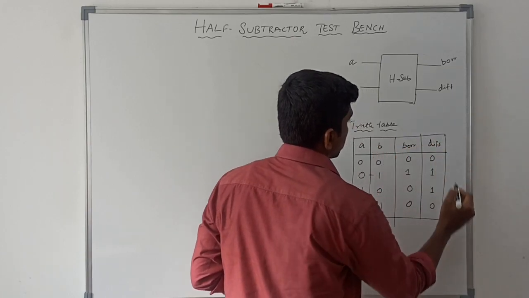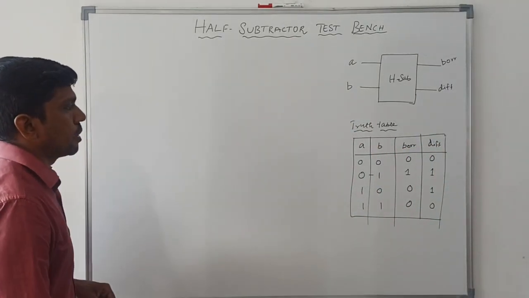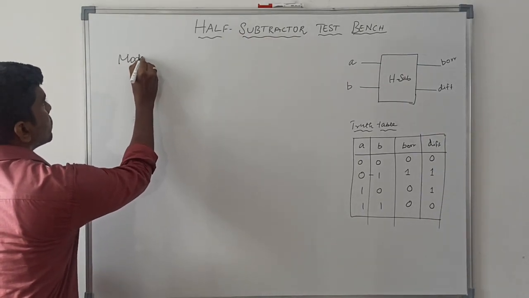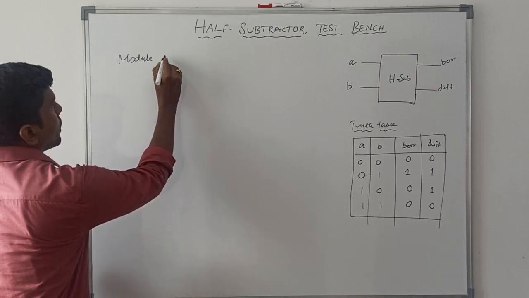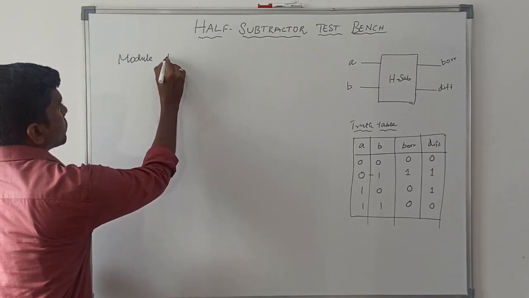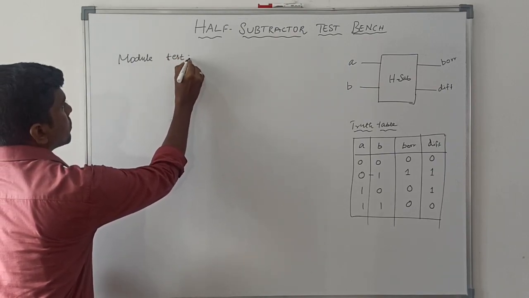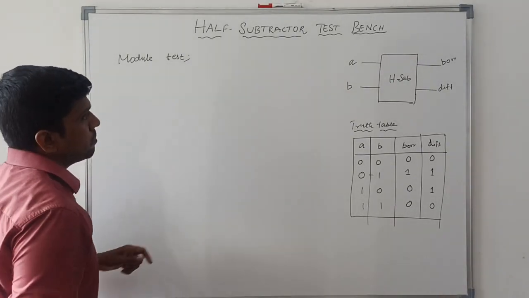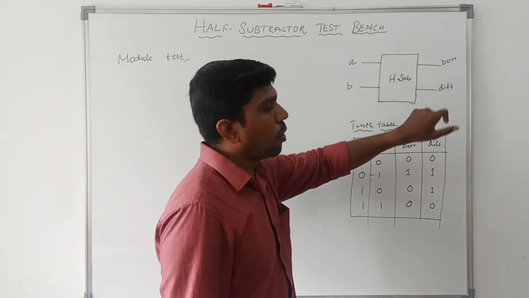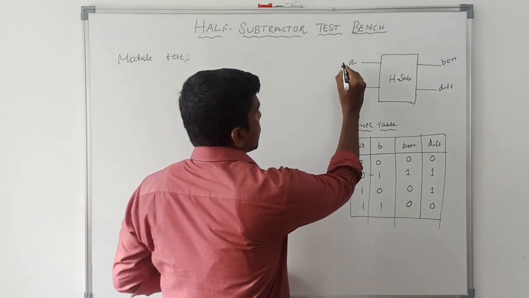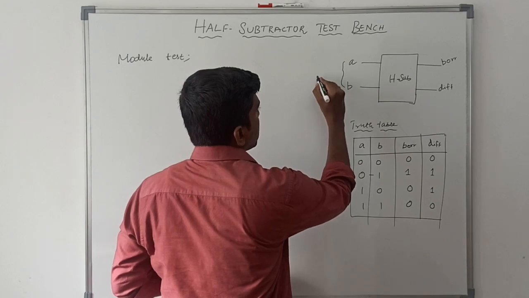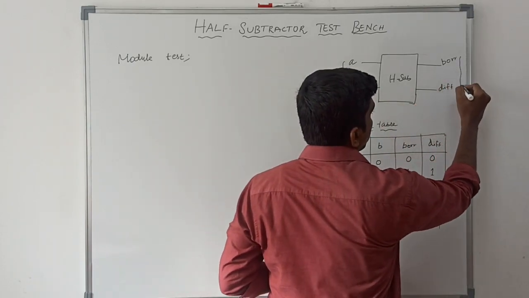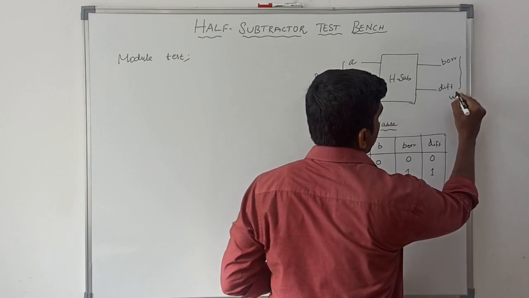So now I am going to write the test bench code for half subtractor. First you write module. The module name is test. After writing the module name, declare the input variables and output variables. As I already told, input variables are declared as reg and output variables are declared as wire.